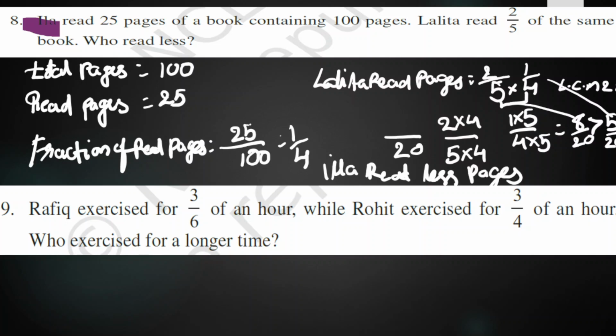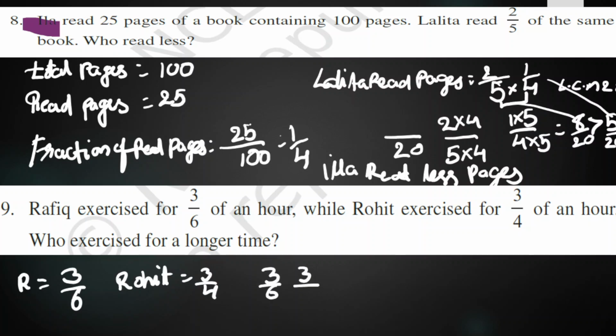Now Rafik exercised for 3/6 of an hour while Rohit exercised for 3/4 of an hour. Here these two are unlike fractions with the same numerator. You know that the greater denominator means a smaller fraction and the smaller denominator means a greater fraction.